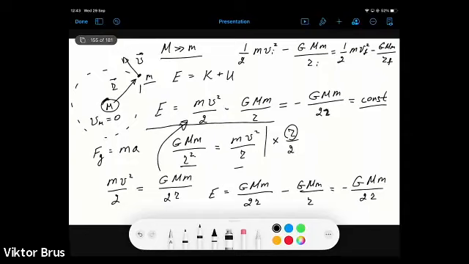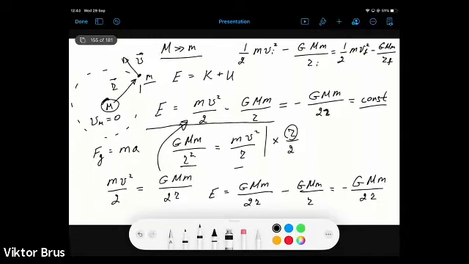Okay, now let us consider maybe one more important question, which is escape speed for, let's say, some projectile with initial velocity at the surface of the planet.